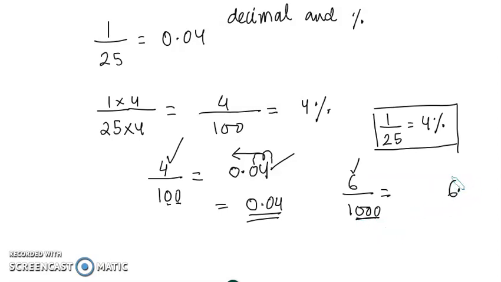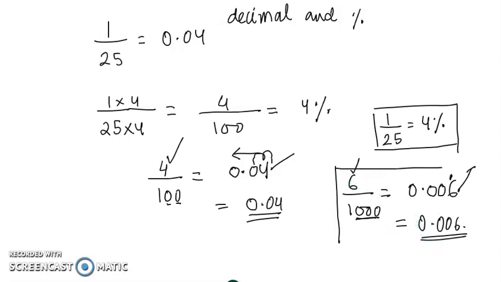So from this point, first digit, then second digit, then third digit, and put a decimal here and then 0. And this decimal will not be there. So your answer becomes 0.006. I have already explained this, but again I'm explaining just to revise it. I hope it is clear.